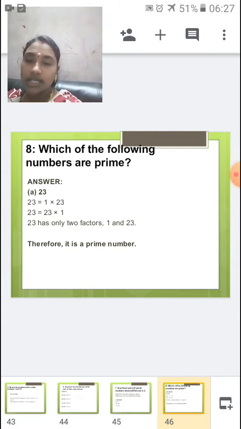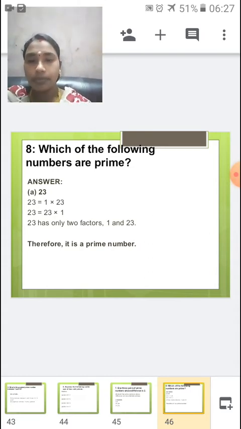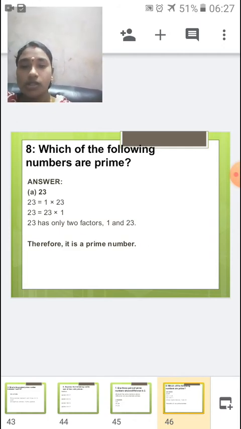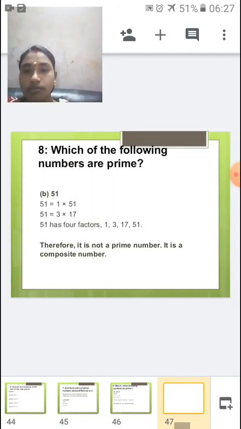Because 23 multiplied by 1 is 23. 23 has two factors, 1 and 23. Therefore, it is a prime number. So next we go on to the B sum.